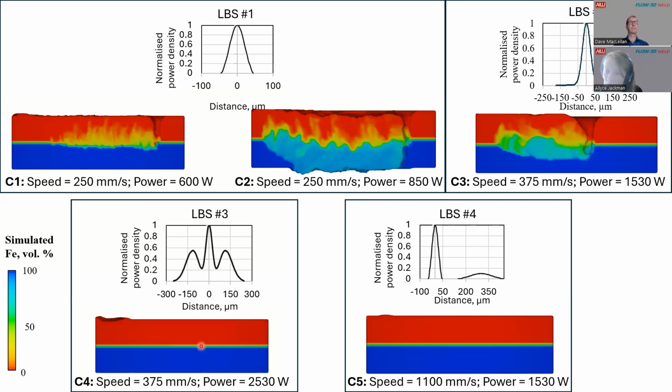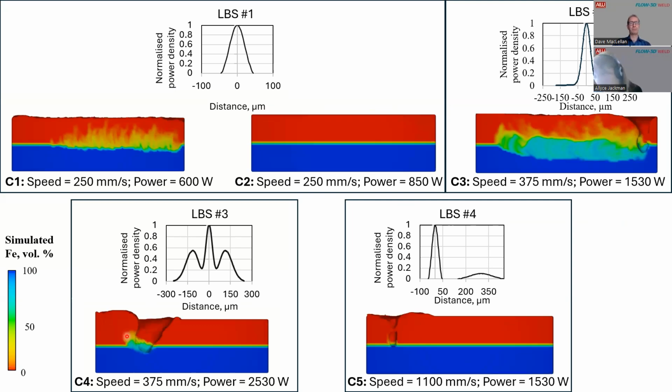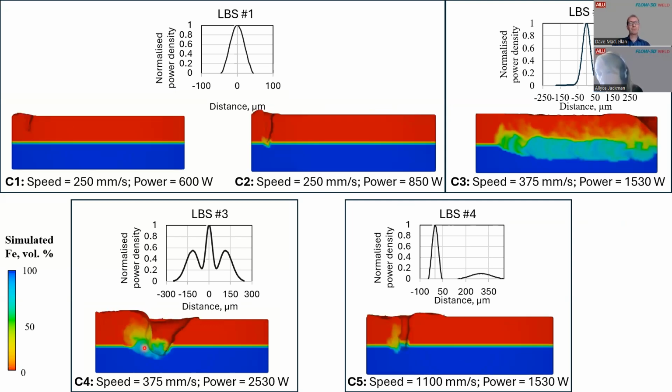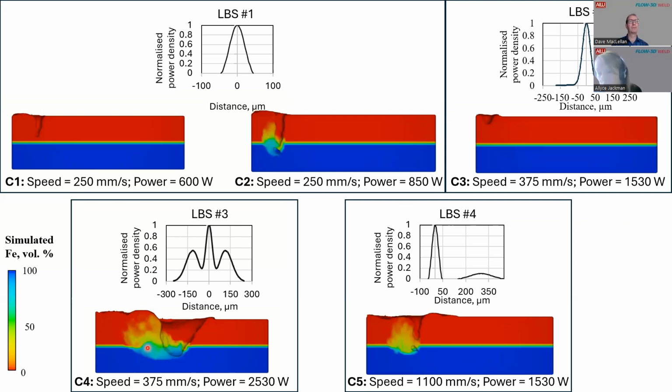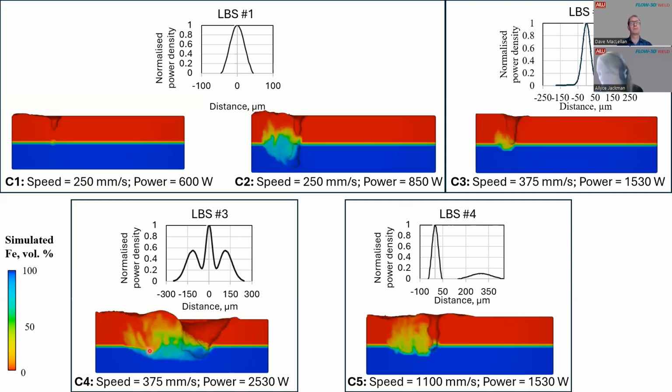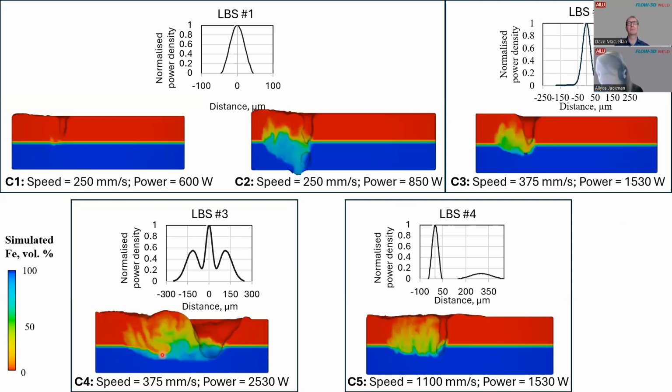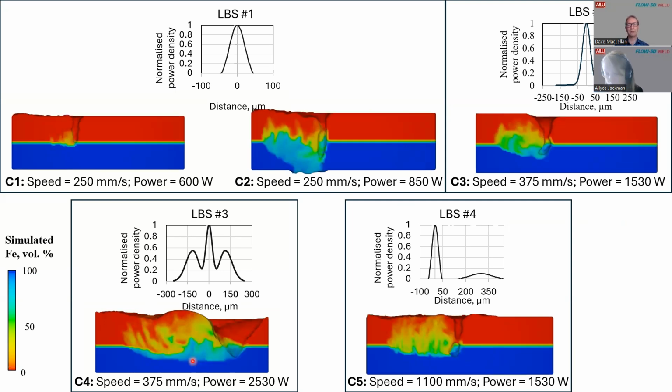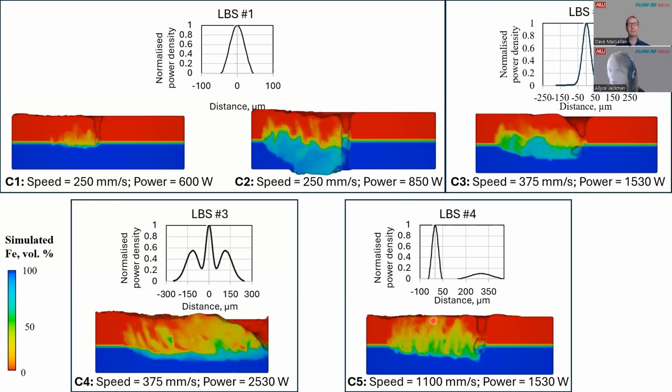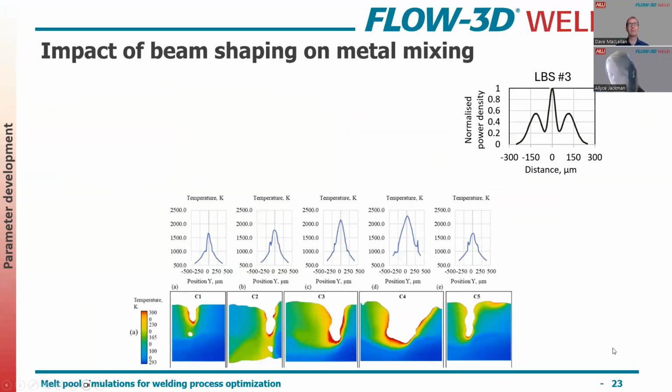So the keyhole itself is actually doing that widening that we tend to like to see in terms of not getting porosity, but then you're contending with a lot of mixing right here. The same with the tailed shape, we're getting more of a narrow keyhole, but still a lot of mixing. So how much mixing can you handle, and how much does that result in porosity, trying to reduce that mixing?